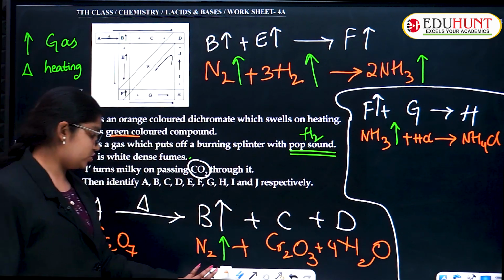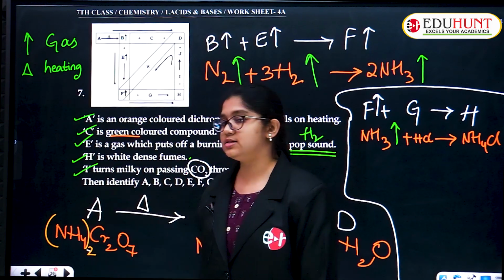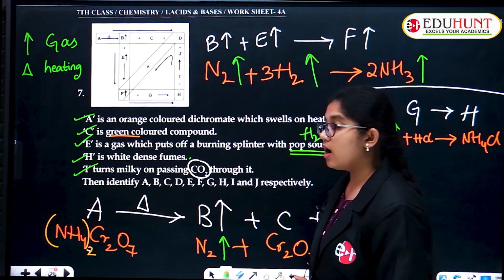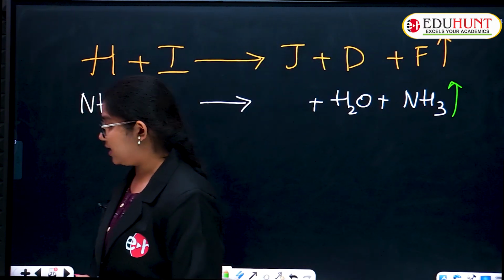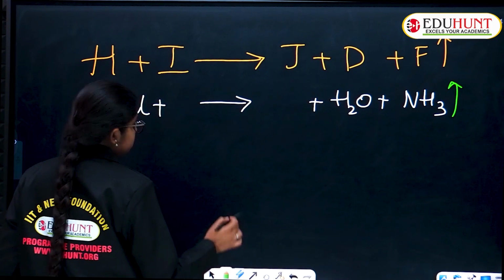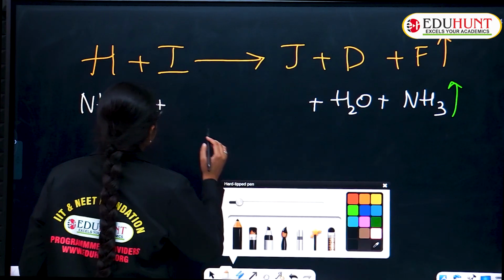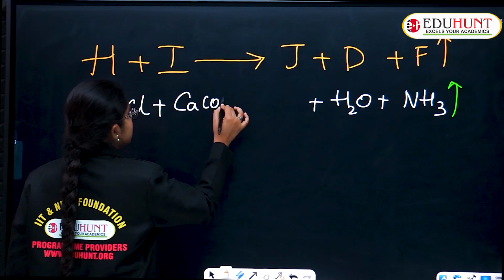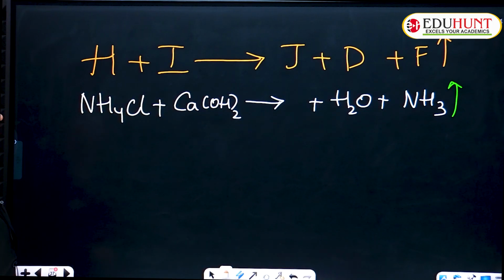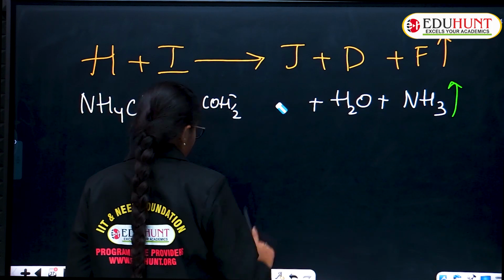So that I, which turns milky when we pass carbon dioxide gas into it, is called calcium hydroxide. What is that, children? It is named as calcium hydroxide. Okay, so that we got here as the equation.